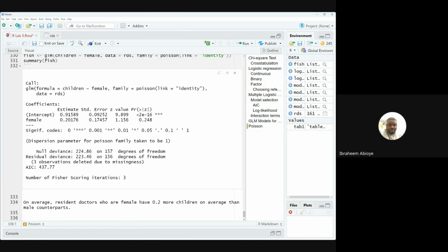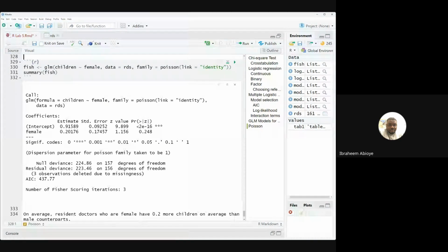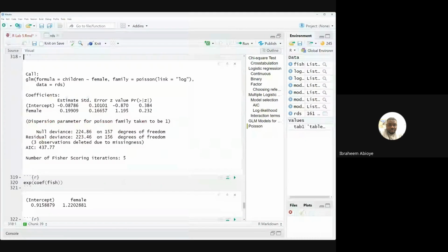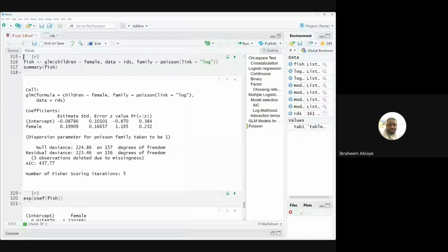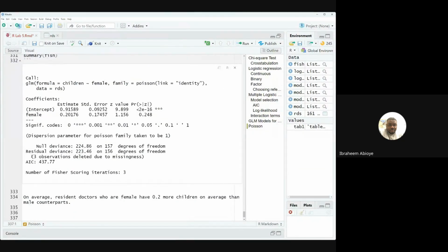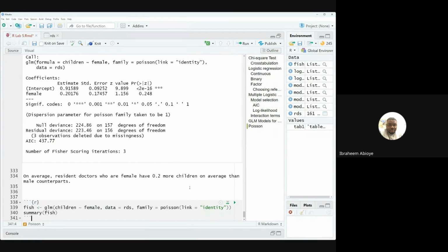If we take the log, however, which is what we had seen before, now it will convert this to a percentage. Okay, so if this were log, this will become 20% more.